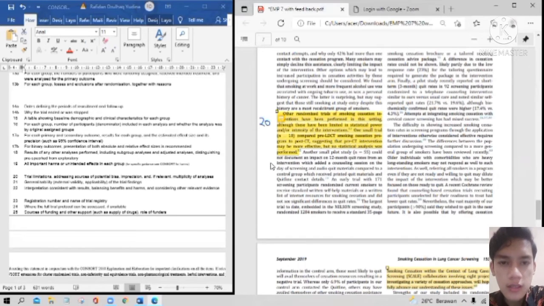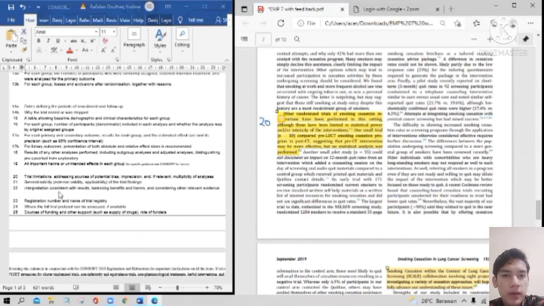Checklist number 20. Oh yeah, you can see the word "limited" in the sentence. So for number 21, I think it is not reported in this article too. So we just move on.